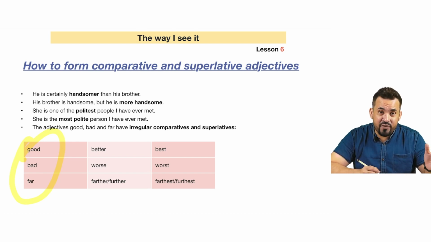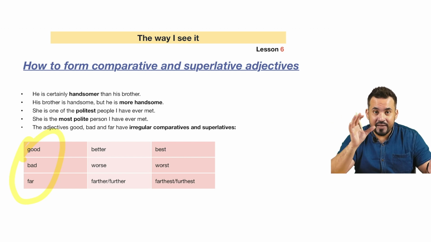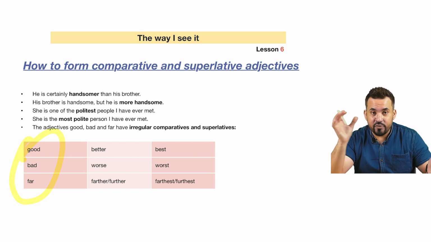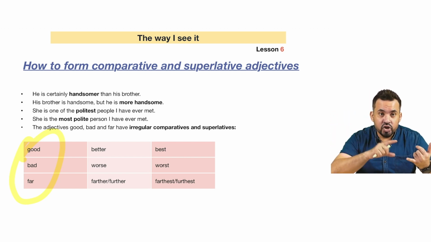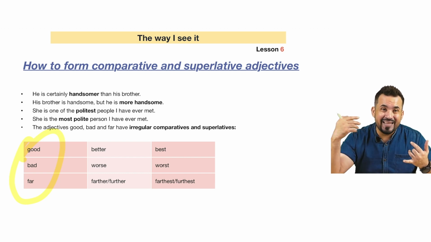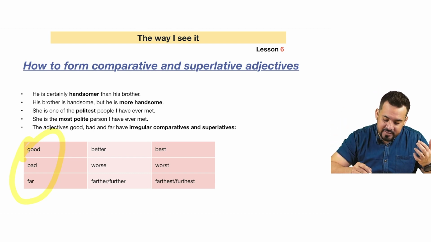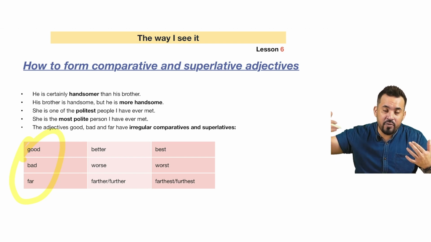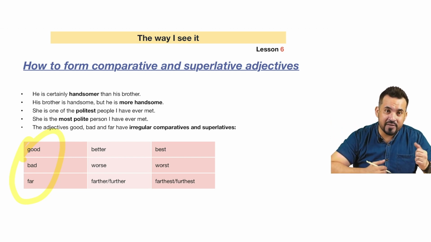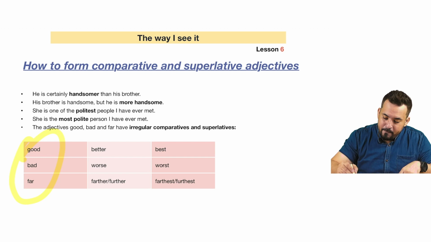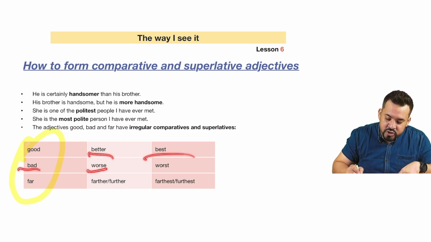Good, bad, and far are irregular adjectives that don't follow the pattern, so we need to learn them as they are. The comparative form of good is better, and the superlative form is best. So good, better, best. Bad, worse, worst.